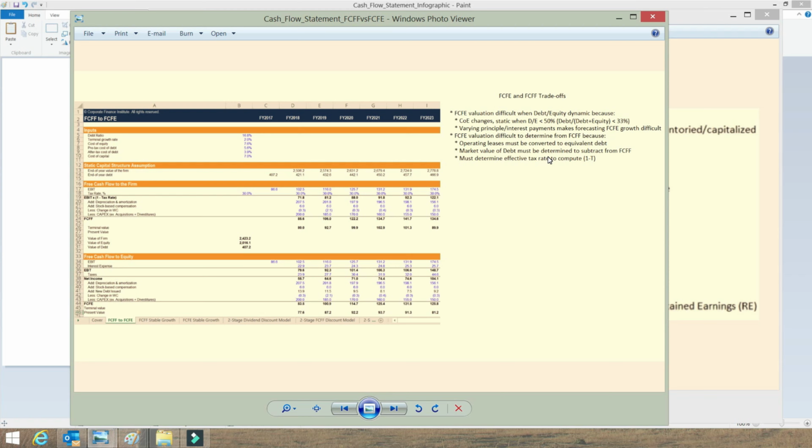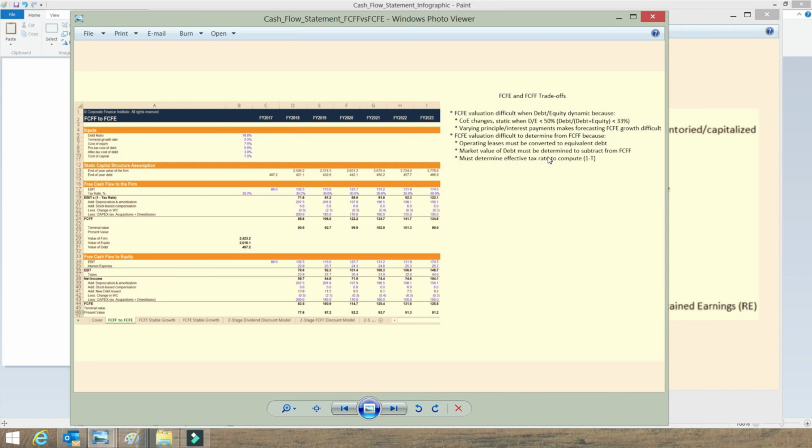Since equity value is derived from net income, both operating and finance expenses are included. Capitalization of operating leases results in the same equity value as when operating leases are not capitalized. So capitalization of operating leases is really a moot point as far as equity value is concerned.